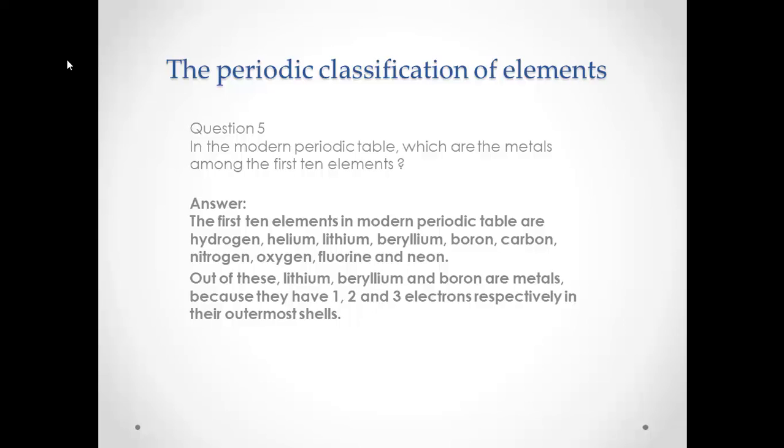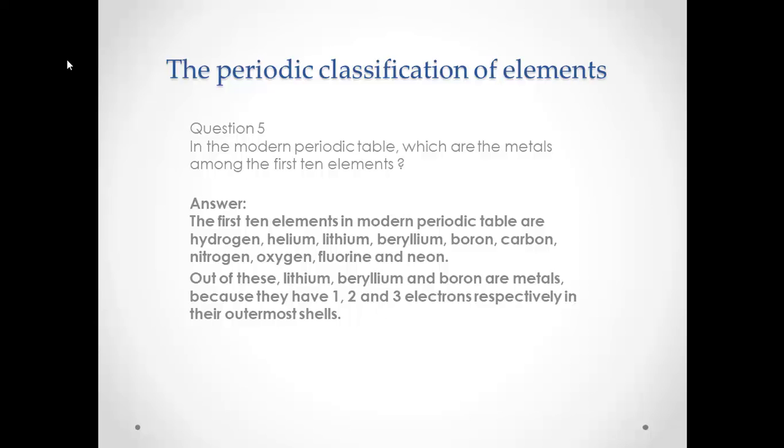Lithium has 1 electron in the last shell, beryllium 2 electrons and boron 3 electrons. All other elements given here have 4 to 8 electrons in the outermost shell. So if the electrons in the outermost shell is 1, 2 or 3, they will lose electrons and they are metals. So here lithium, beryllium and boron are the only metals given.